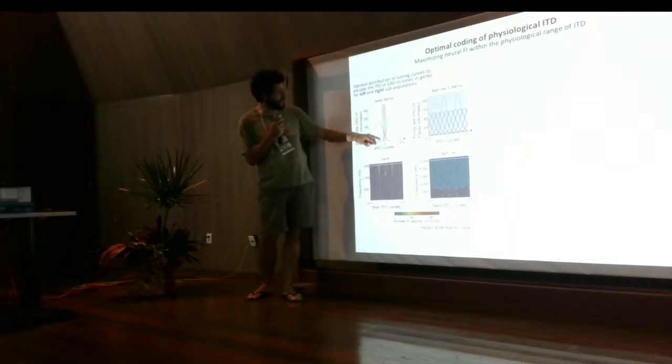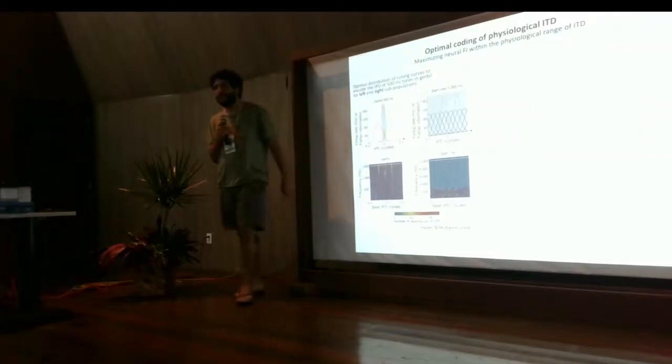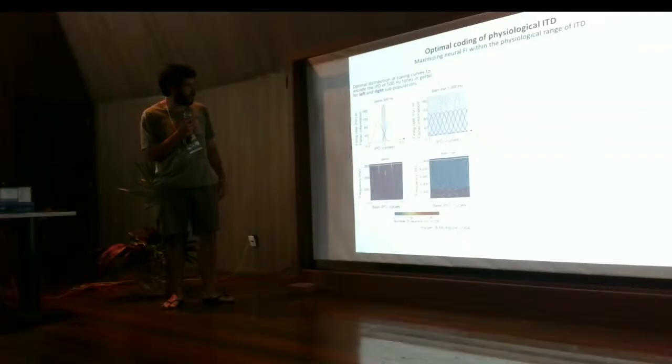So the feature information, how much you can estimate about the IPD based on the firing rate, will be higher where the slope of the tuning curve is higher. So this red curve here has this M-shape of feature information.